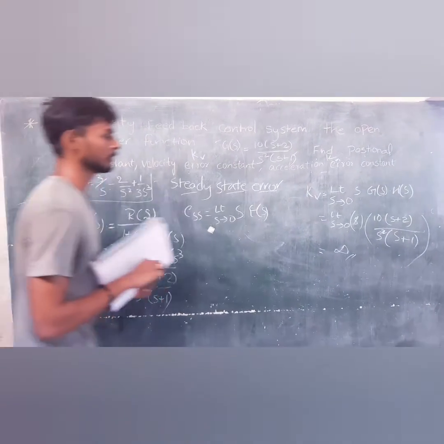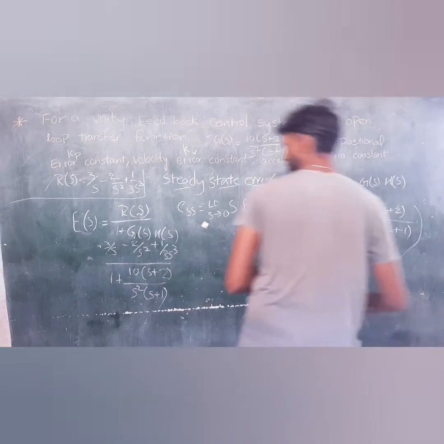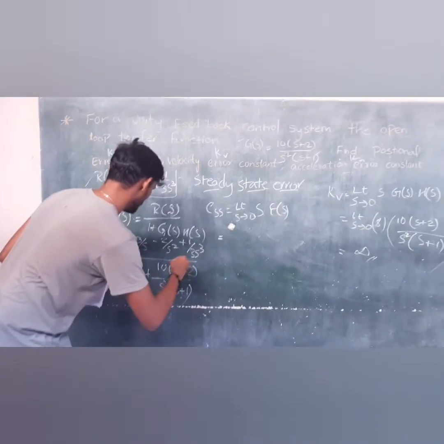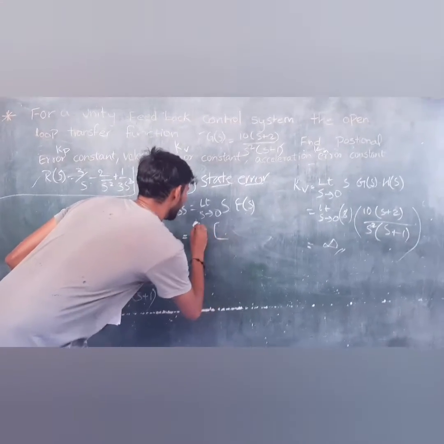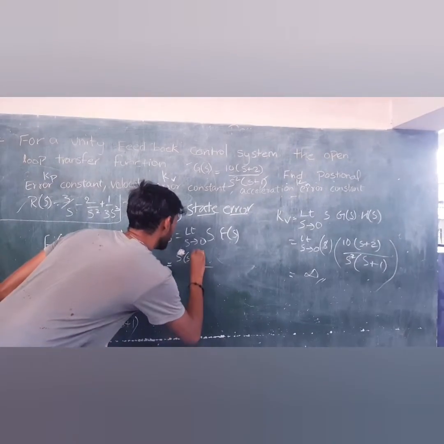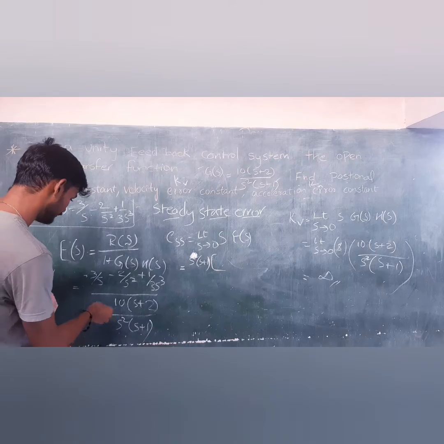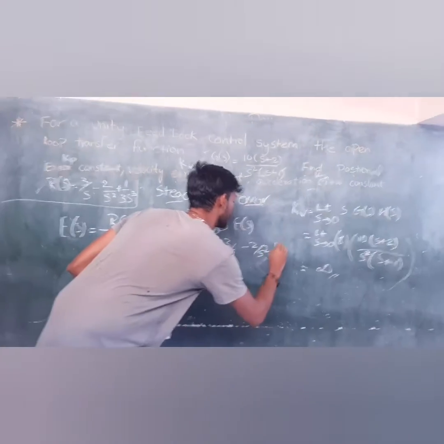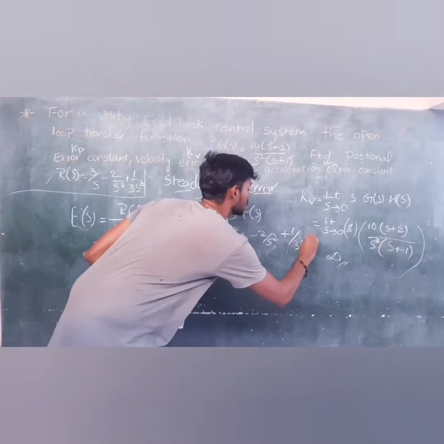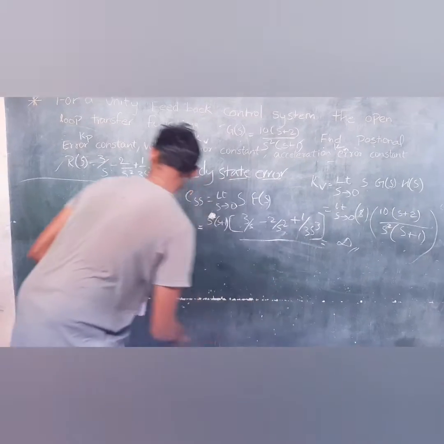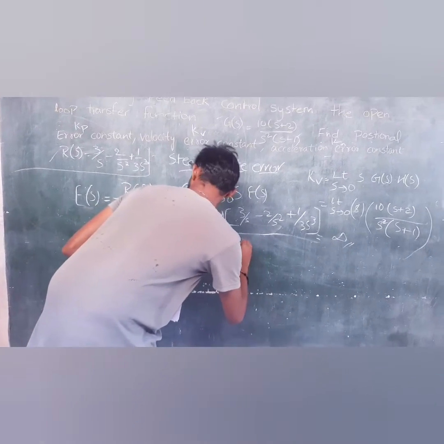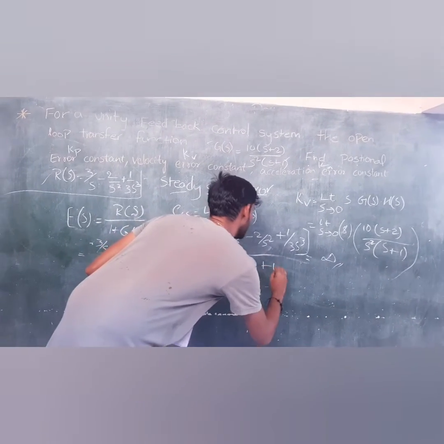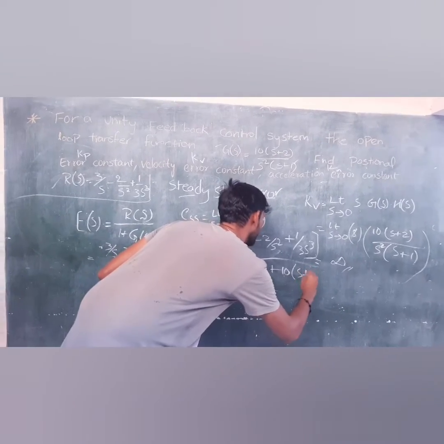After taking the LCM, it will be s²(s + 1) and 3/s - 2/s² + 1/(3s³), divided by s²(s + 1) plus 10(s + 2).